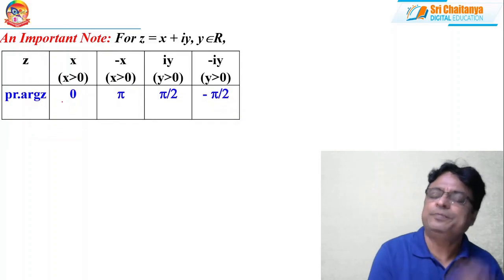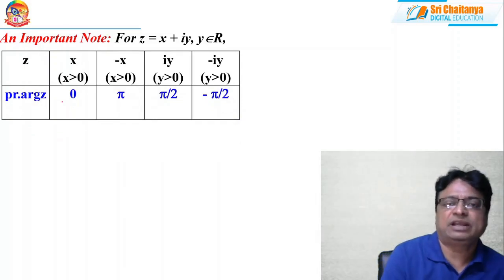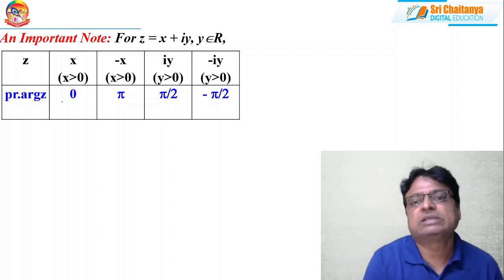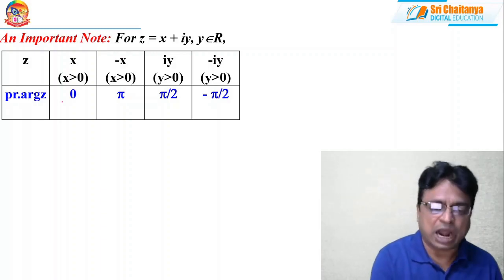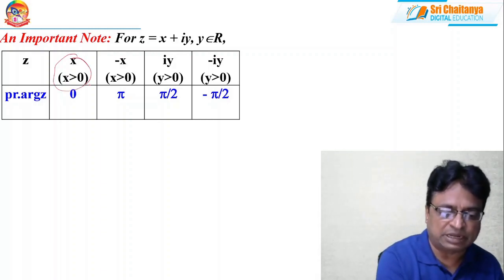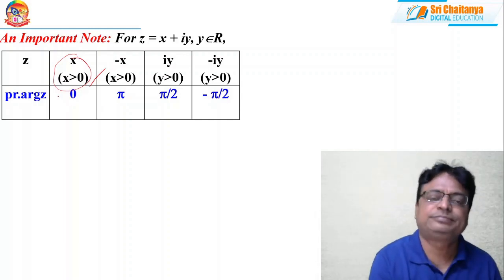Now, try to understand the below table very clearly. Suppose z is equal to x plus iy, a complex number is given, and z contains only a real part, and that real part is positive, then the principal argument is 0.